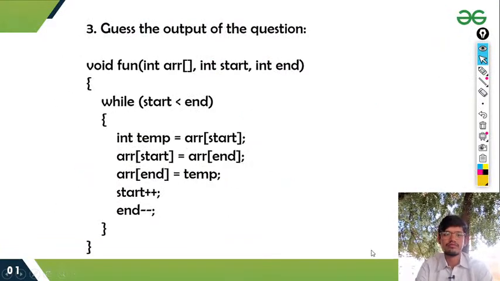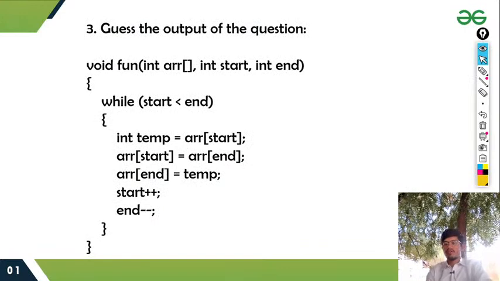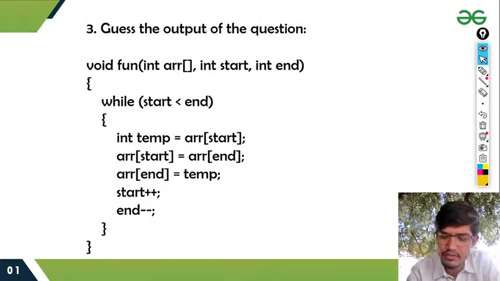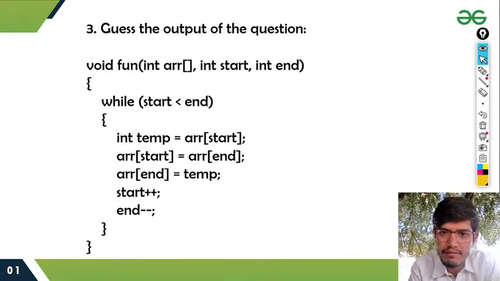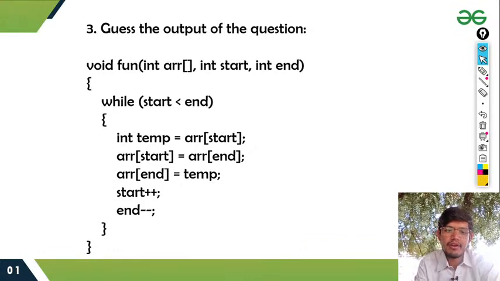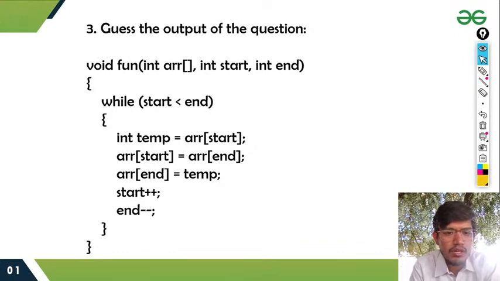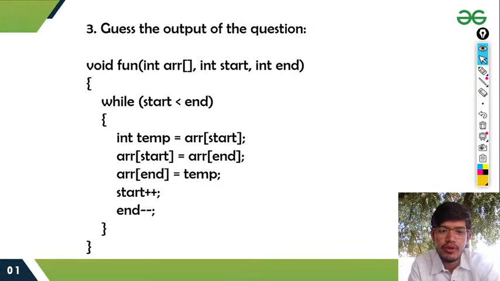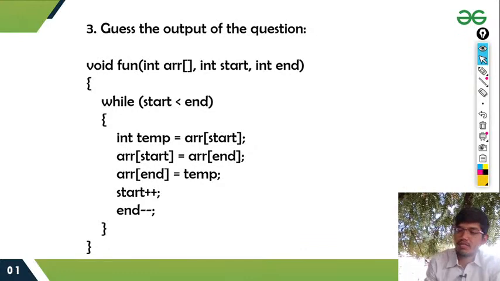which is the third question. This is the function, its name is fun, which is accepting an array. We have a start index and an end index, and we are doing some operation. You need to tell me what is happening in this case.